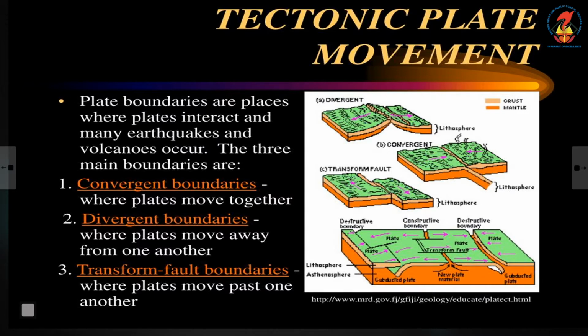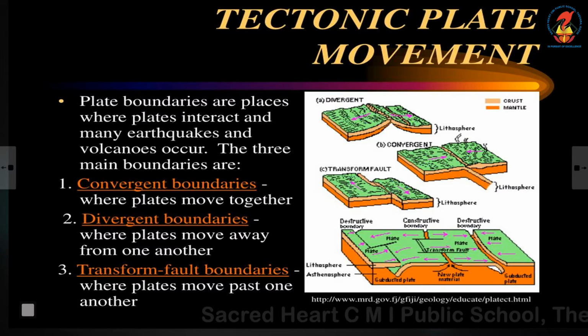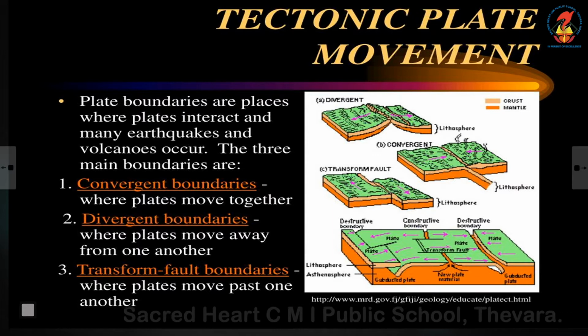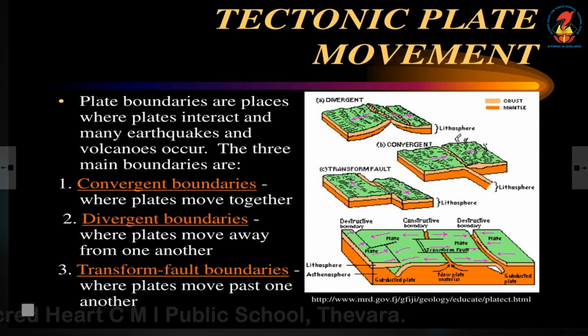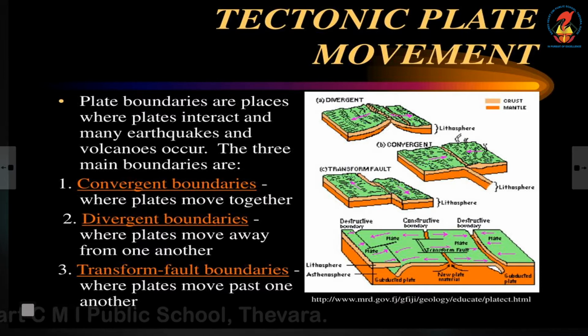Then we have the second one, the divergent boundaries. That is when the plates move away from one another. There are 2 plates which are diverging from each other. Then we have the third one, the transform.